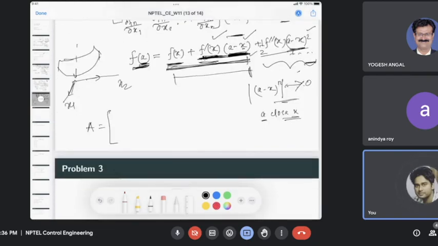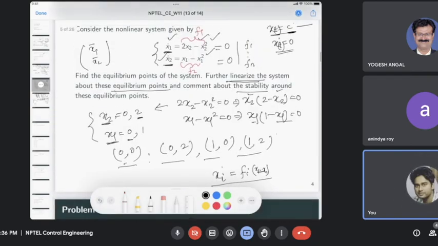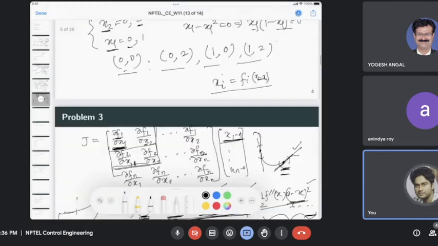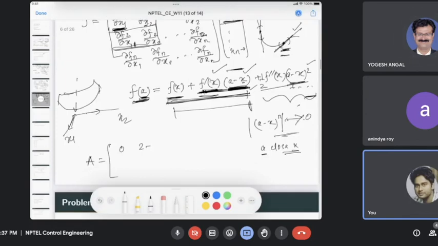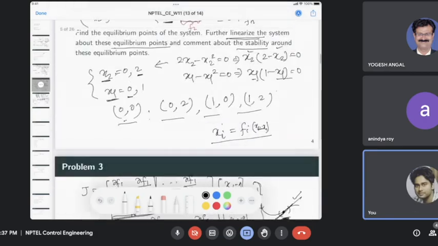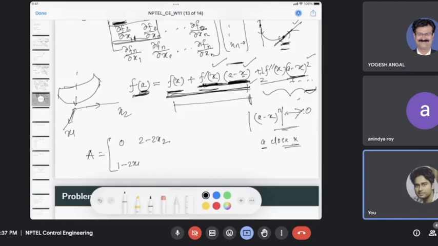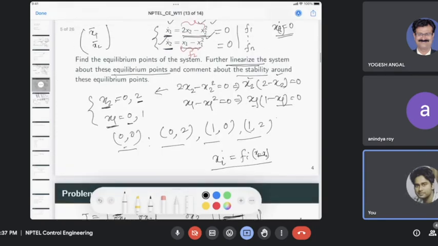The first term, the x1 derivative, will be 0; on x2 it will be 2 minus 2x2. For the other row, it is 1 minus 2x1, and this is 0 because the second term is not dependent on the x2 variable.